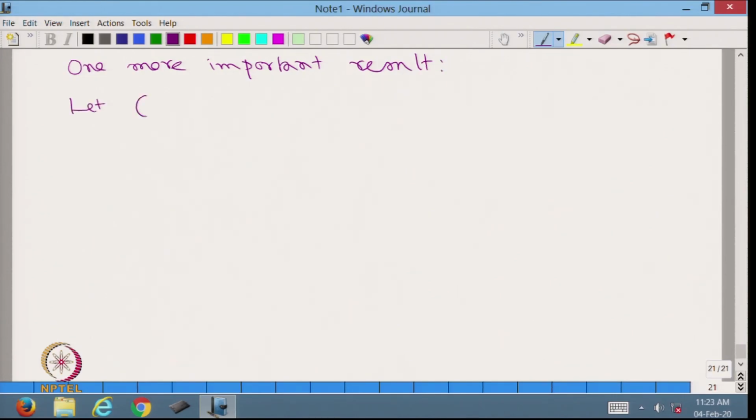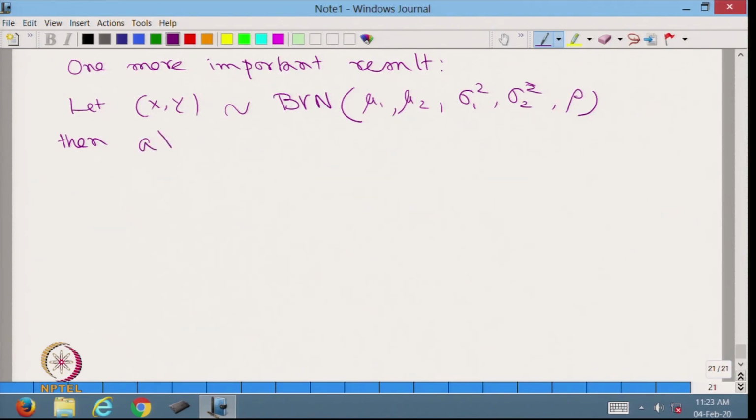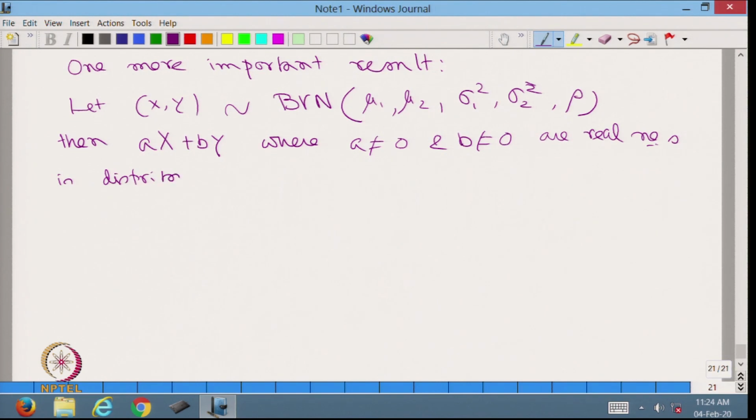So, one more important result is the following. Let x y be distributed as bivariate normal with mu 1, mu 2, sigma 1 square, sigma 2 square and rho, then a x plus b y, where a not equal to 0 and b not equal to 0 are real numbers, is distributed as follows.